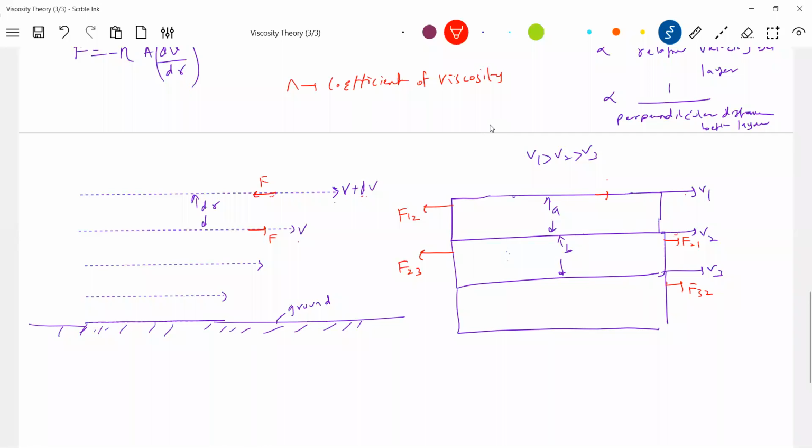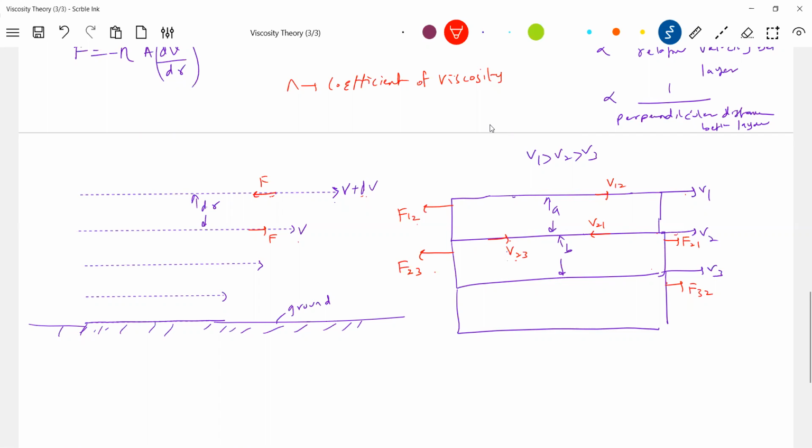V12 will be in this direction. Look at here now. Therefore, opposite to V12, you have to show F12. Now V21 will be like this, so opposite to that is F21. Then V23, in what direction will it be? V23 will be like this. Velocity of layer 2 with respect to 3, opposite to that.